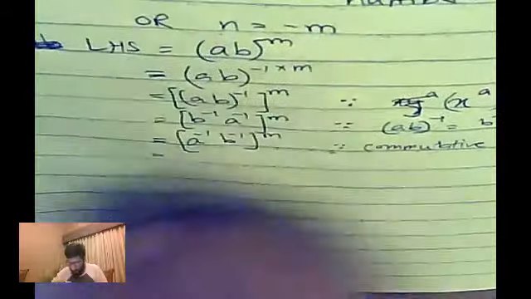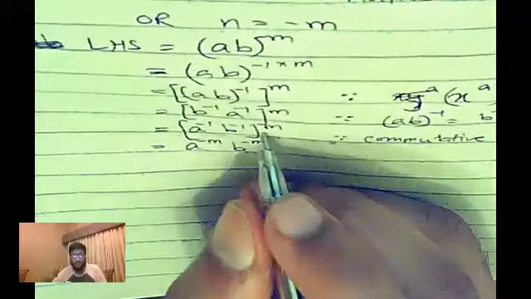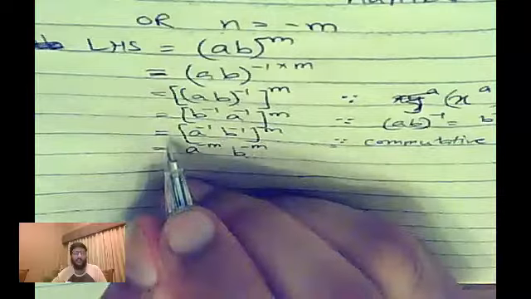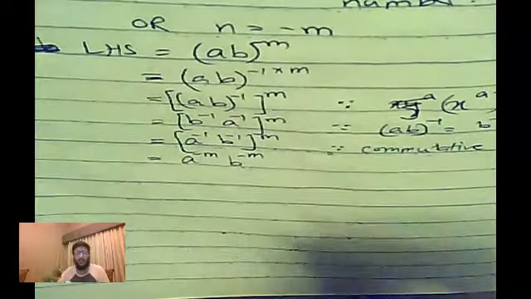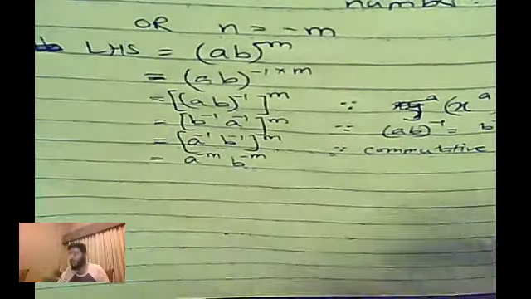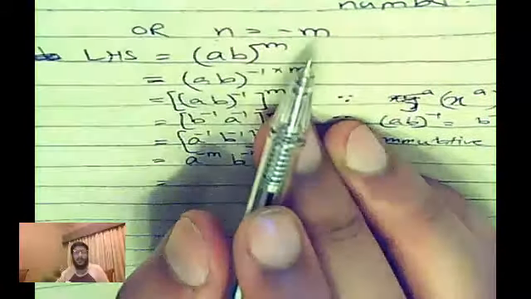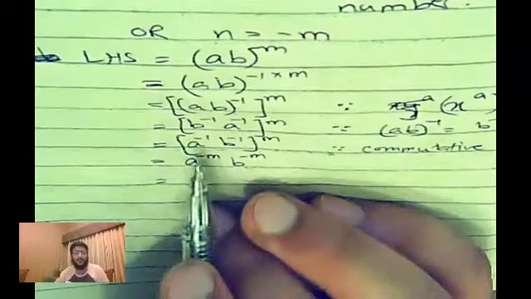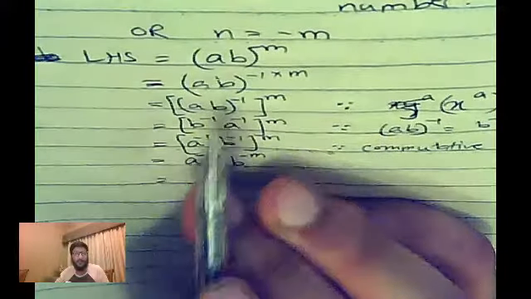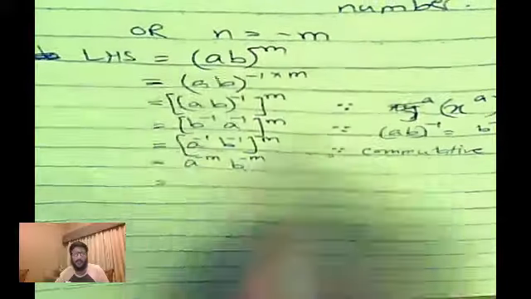And we can also write this as A raised to power minus m, B raised to power minus m. We just multiplied m with each number. It is also another rule of indices and whatnot. And we set n equals minus m. So we can replace this minus m with this n.